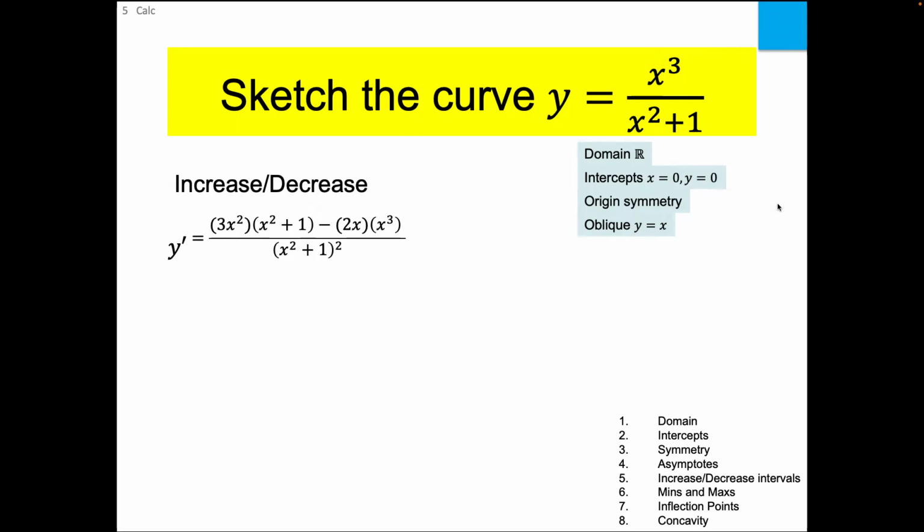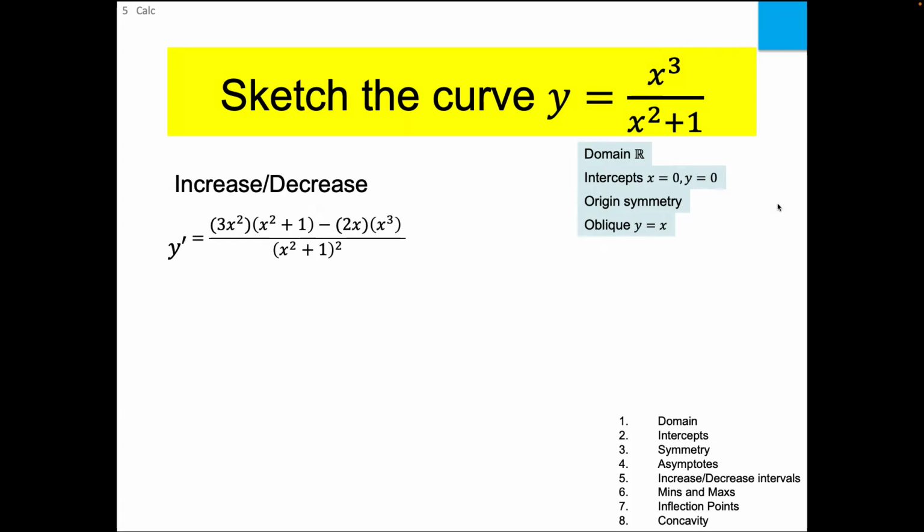So what can you do? Simplify. Okay, go. Or distribute. Well, that's simplifying. The 3x squared distributed to the x squared plus 1. What are you trying to do?